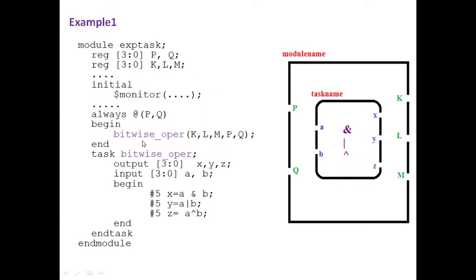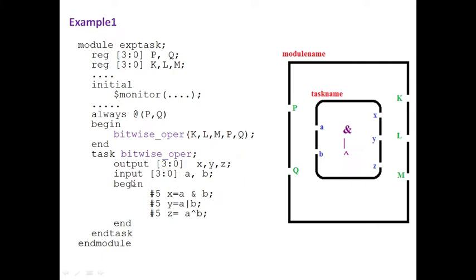The task definition should be present inside the module, that means before endmodule I need to complete the definition of my task. What is the task name here? Bitwise operation is the task name, and then the output or input declaration. Whatever order I followed here, the same I will follow there.